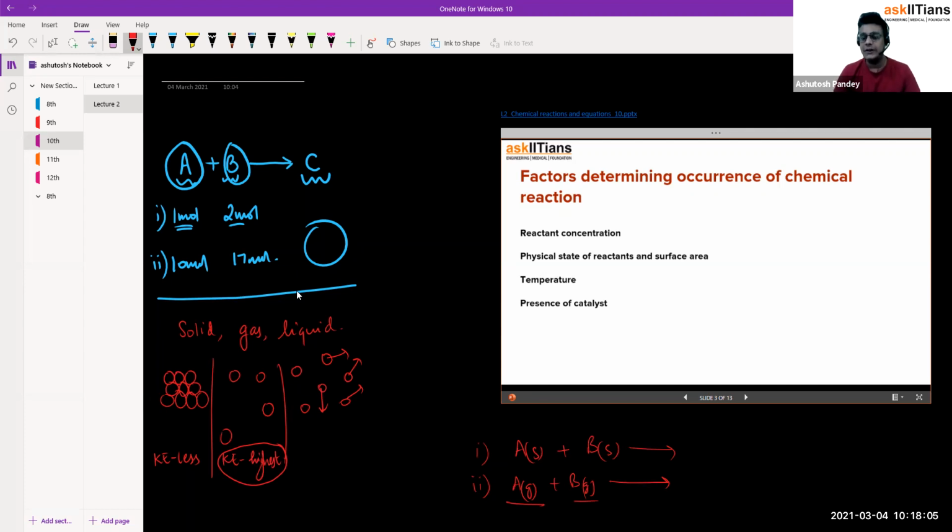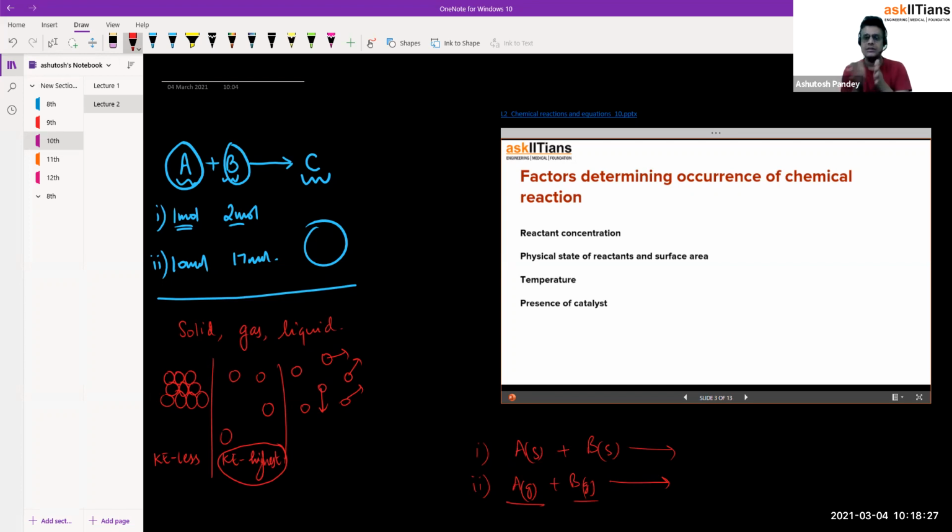Now, surface area. Surface area means the area of interaction. One reactant has this much surface area, another reactant has this much surface area. So when they come closer to each other, the interaction area is very high.